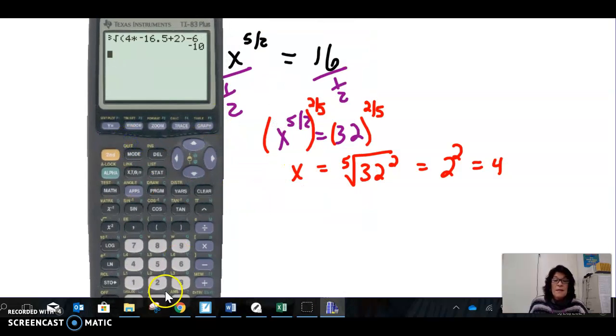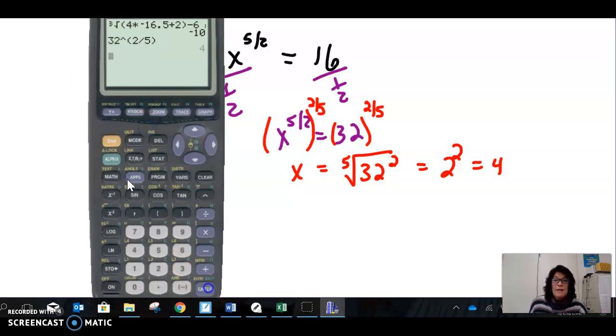Again, we have calculators. So maybe I would just type in, hey, what's 32 to the 2/5 power? I just have to make sure my 2/5 is in parentheses so the calculator knows to raise 32 to the 2/5 power, and that'll give me my 4.